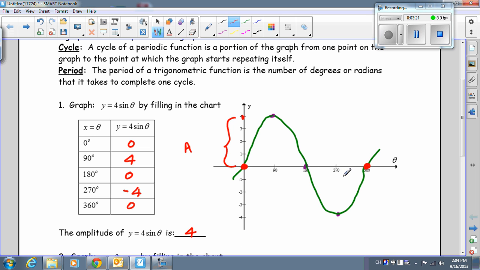Not here, but here. So if I cut this portion and copy and paste it here, it should make the exact same shape. So from 0 to 360, I will say that my period is 360 degrees. A full cycle is from here to here, but the period is the degree value of the cycle.